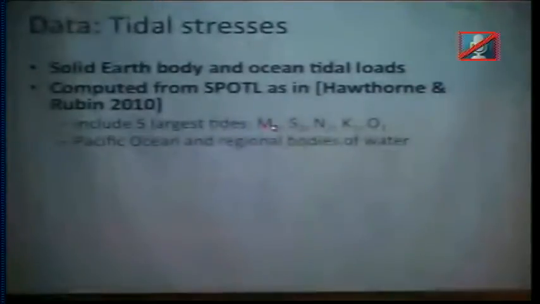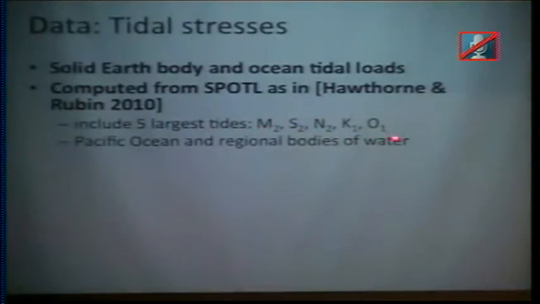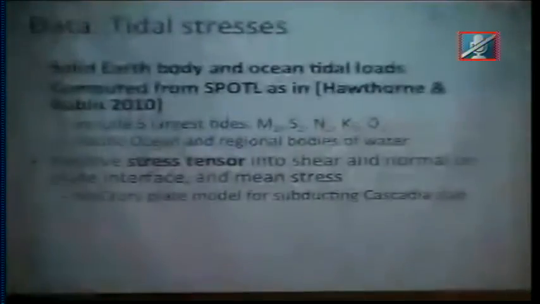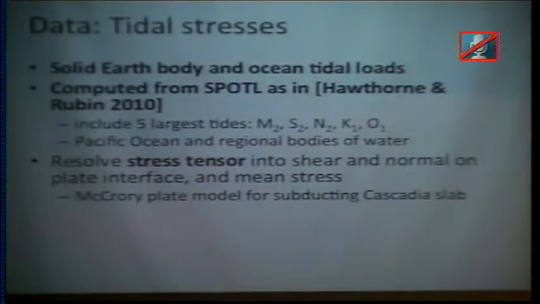They include the 5 largest tides, which are these, and they include the geography of not just the Pacific Ocean, but regional bodies of water like Puget Sound. We get a full stress tensor, and it is the stress change due to those tides. And we resolve it onto a plate interface, into shear and normal on a plate interface using the McCrory plate model. And we can also get the mean stress, which is distinct from the normal stress.